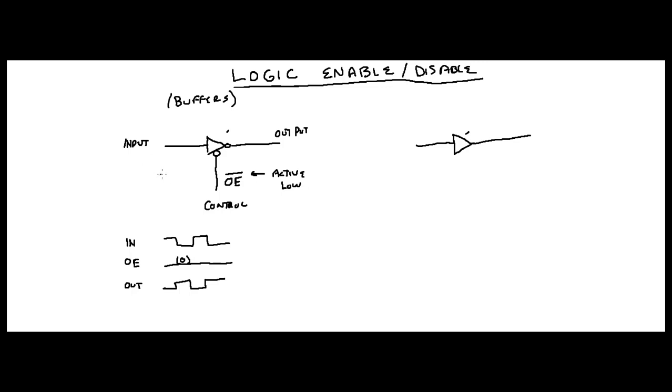Now, when that output enable goes to a 1, like this, your input obviously can keep coming in like this, it doesn't matter. This point is called high Z. It's high resistance. It's like it's disconnected. Think of it as a switch.